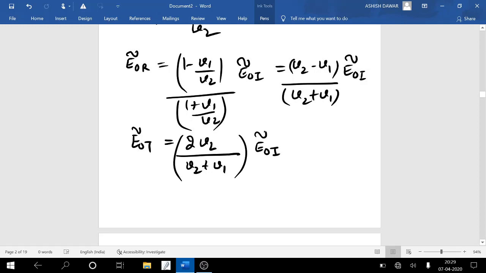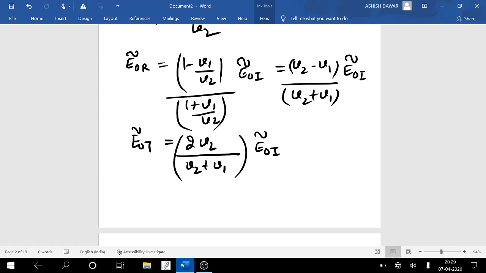So these equations are identical to the case of string. So in that case, the reflected wave is in phase if V2 is greater than V1, and out of phase if V2 is less than V1.